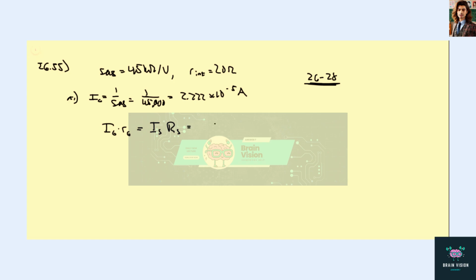Let's first rearrange this, because we're trying to figure out what resistance the shunt resistor needs to be. So the resistance of the shunt resistor is given by Ig Rg over Is. And we want the shunt current here to be 2 amps, as the question stated. So this is 2.222 times 10 to the negative 5 amps times 20 ohms all over 2 amps.